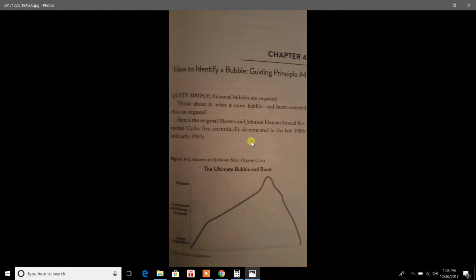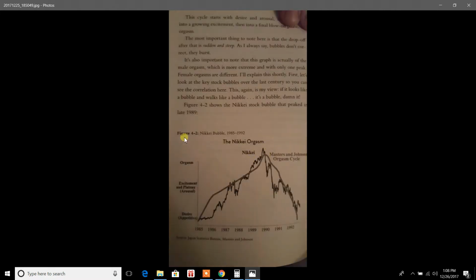So what he's pointing out though is with the male orgasmic cycle, you can actually correlate it with the way stocks in the economy work, which I thought was really interesting, because we'll go to the next picture here. In figure 4.2, we're looking at the Nikkei bubble from 1985 to 1992.